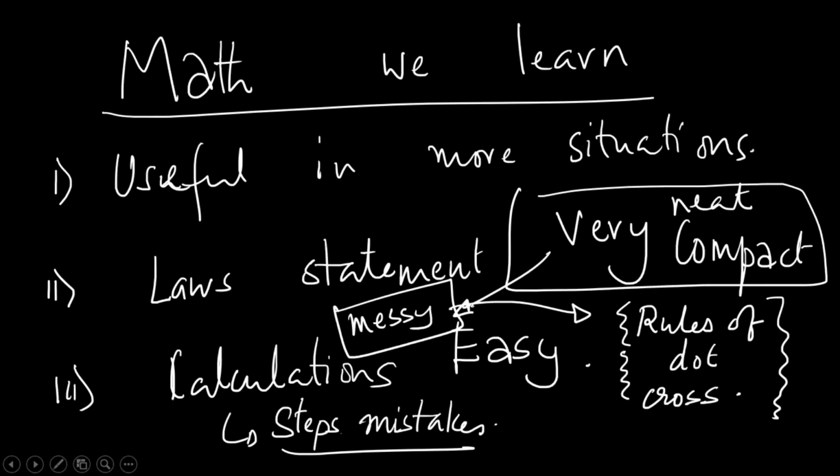If you are not following these wonderful rules, you might still get the correct answer, but it might be a little messy, lengthier, and not only do you take more time, but you might make a mistake. In this case, it becomes compact and neat.